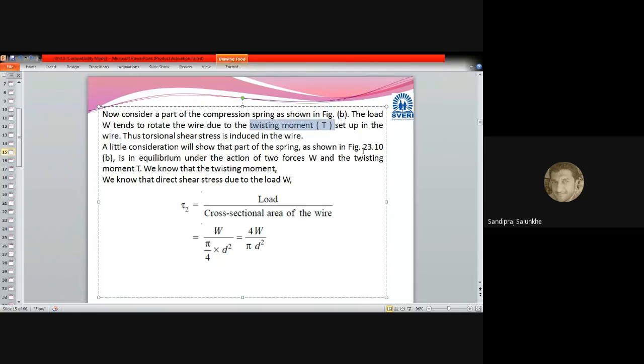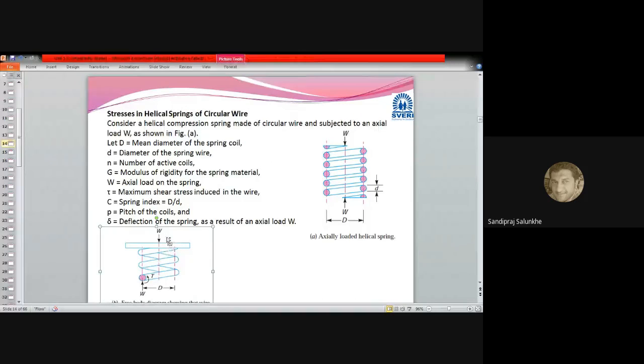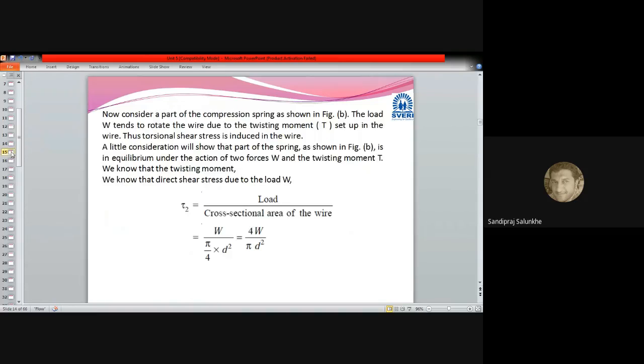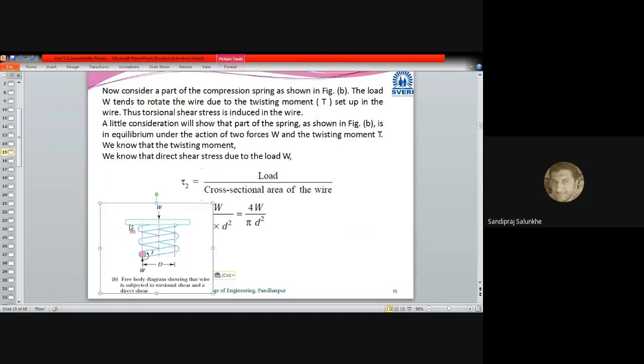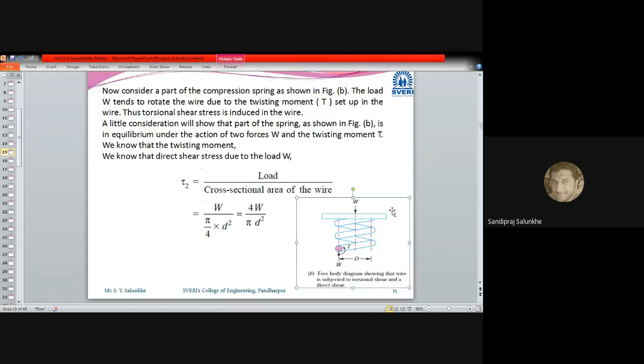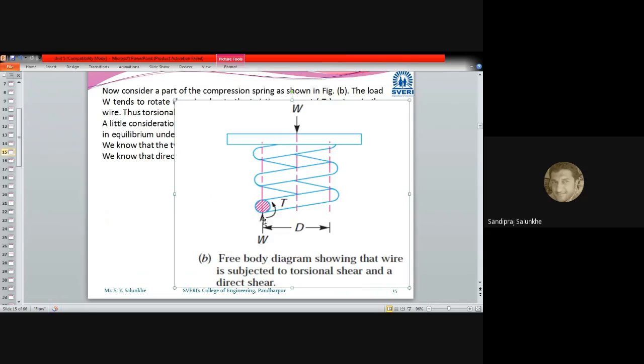In that, if we take the second diagram, I will take this diagram to the next slide, where we are going to explain it here. In this diagram, if we elaborate it, this load W is going to create this torque, and we are going to calculate this torque.